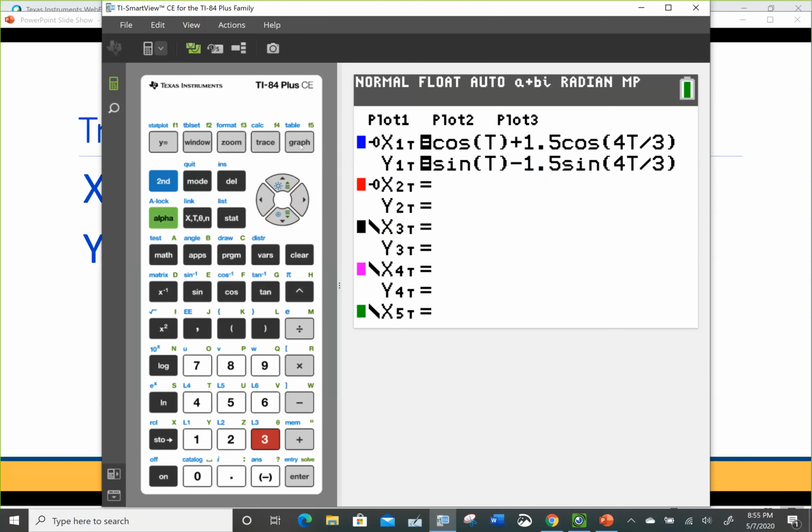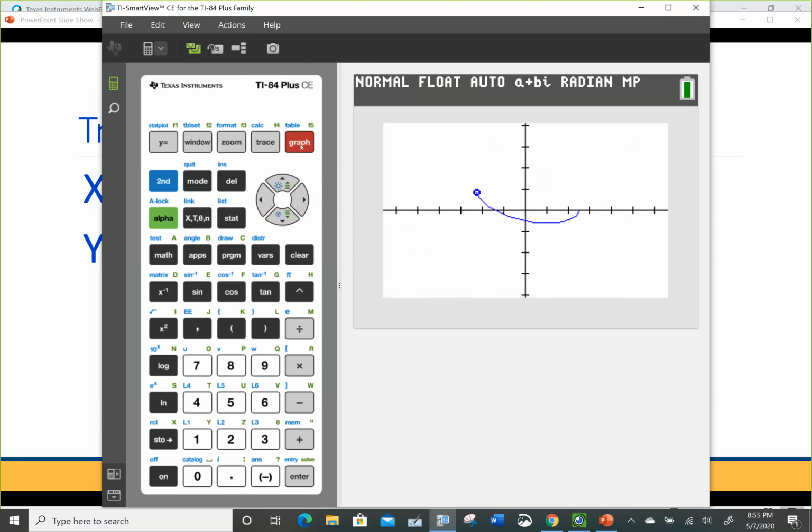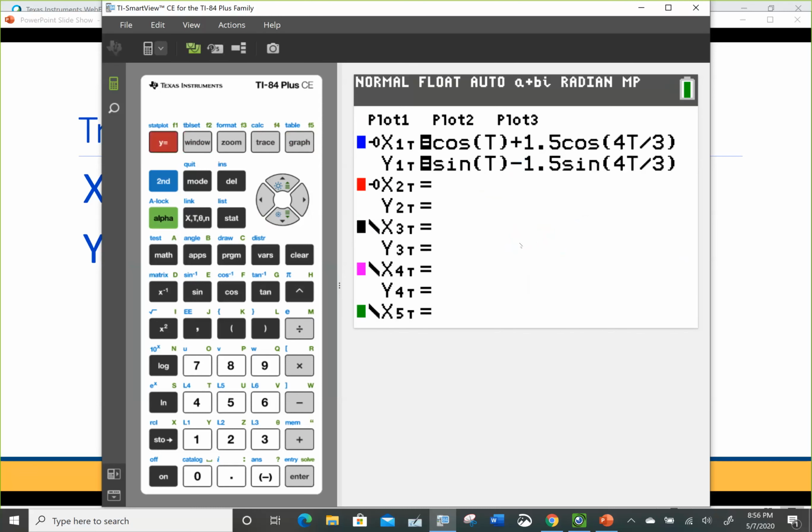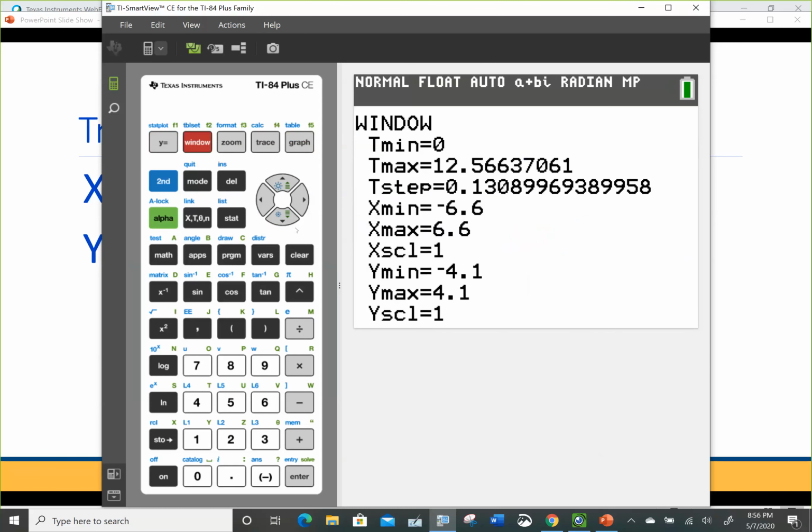Okay, I'm going to pretend I don't know. Now, why do you think it stopped? Did you notice the denominator was 3? Well, the last time the denominator was 2, and so we had to go 2 trips around. This time, we have to change this to go 3 times around.